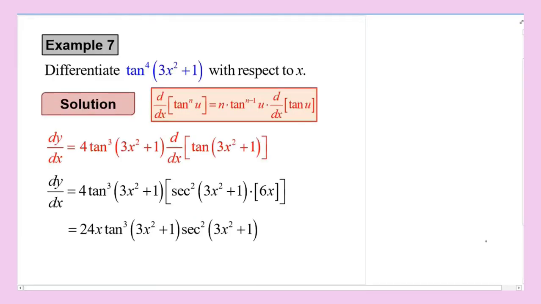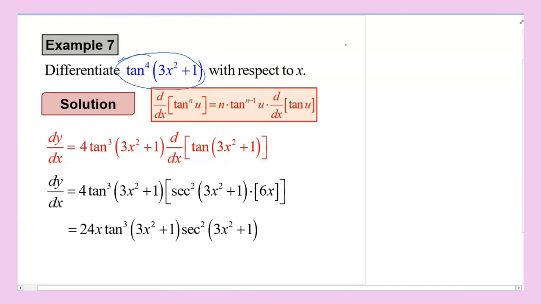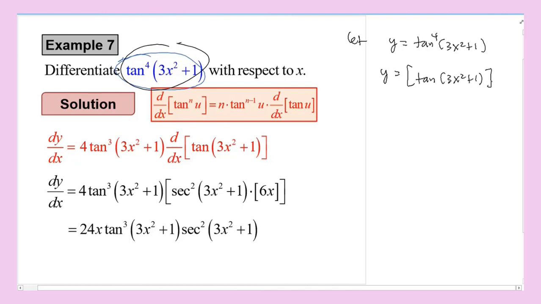Okay, in this example we apply the alternate concept. Let y be equal to tangent of (3x squared plus 1) to the power 4. This changes to this pattern, 3x squared plus 1, to the power 4. We differentiate from outer to inner, the outer to inside.